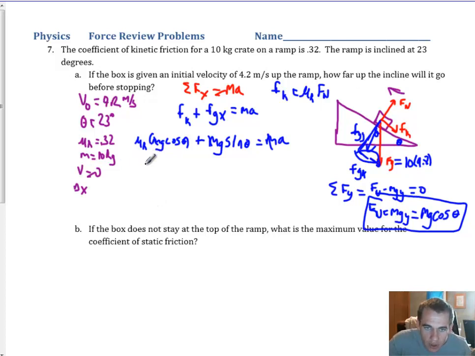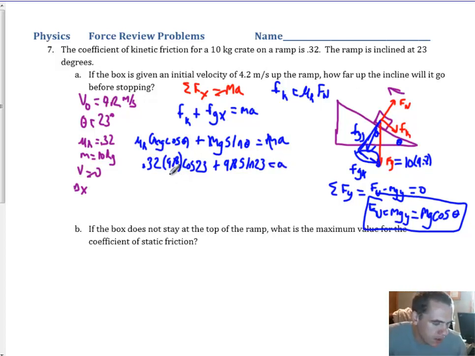And so I'm left with the coefficient of kinetic friction, which is 0.32, times the acceleration due to gravity, which is 9.8, times the cosine of 23 degrees, plus 9.8 times the sine of 23 equals A. Okay.